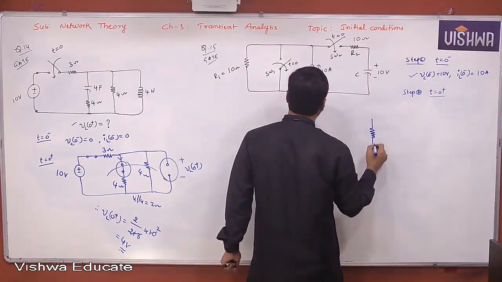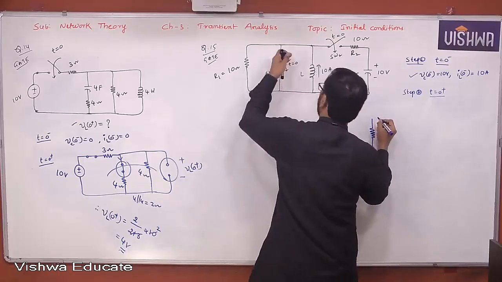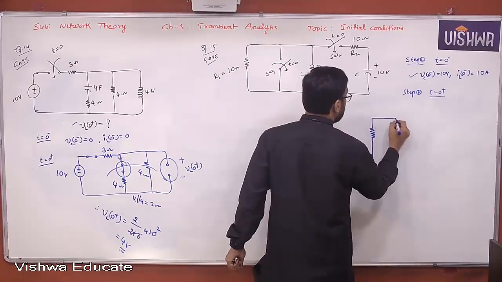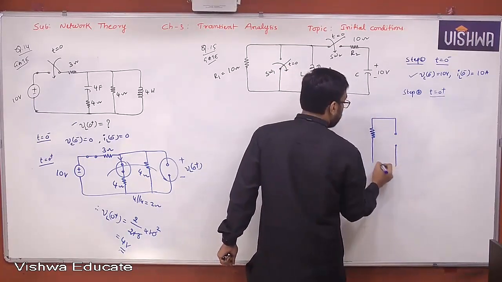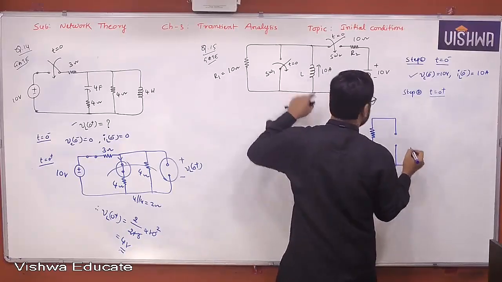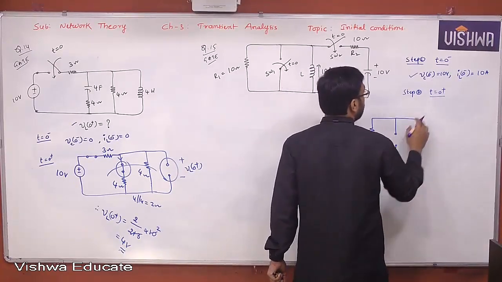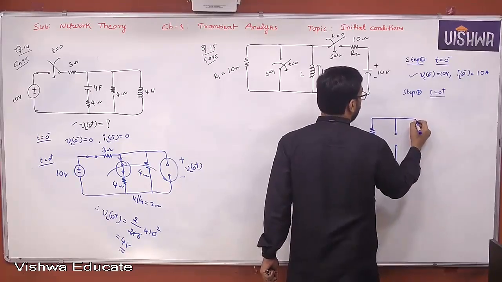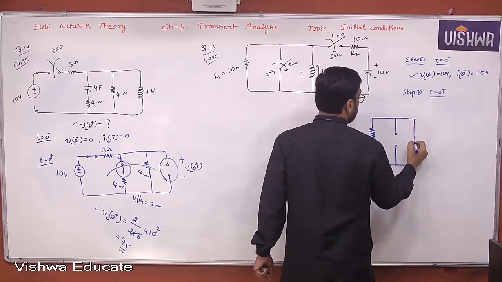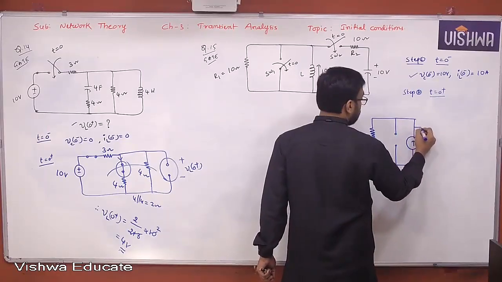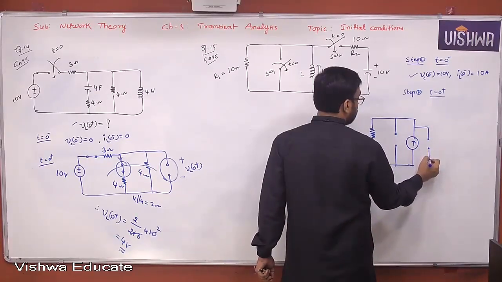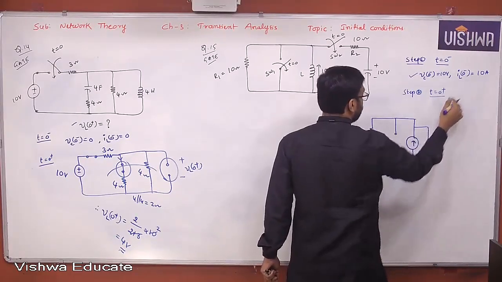Resistor remains resistor. Switch is open, right? Inductor is behaving like what? A current source with the value of what? What is the current source value? 10 amperes.